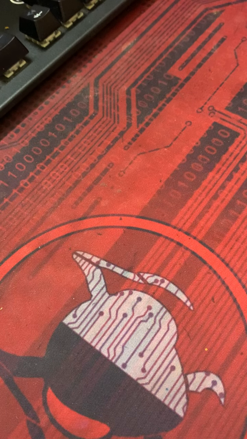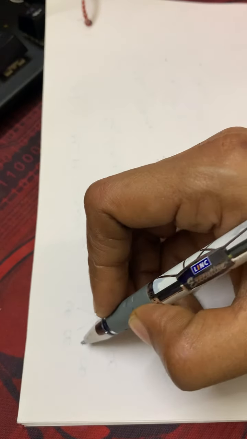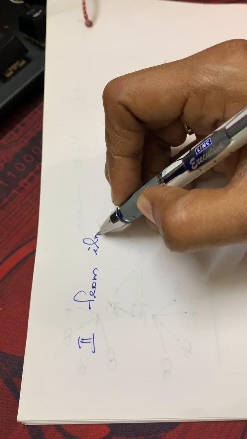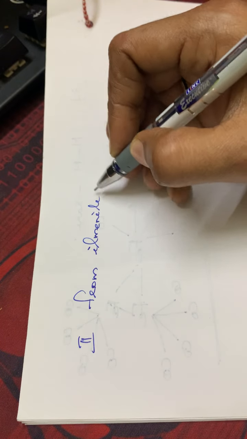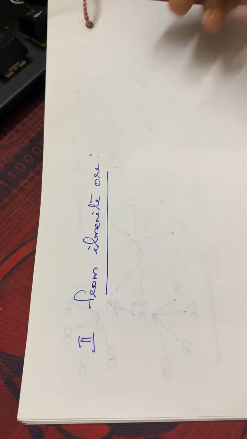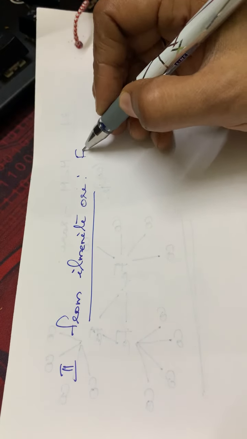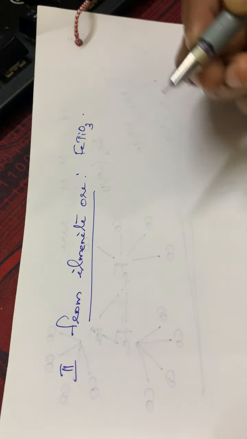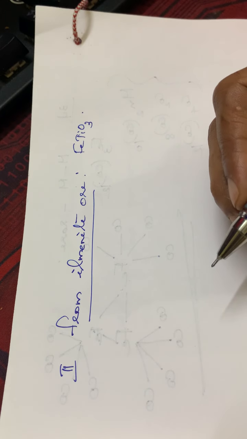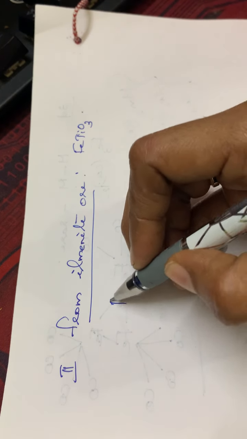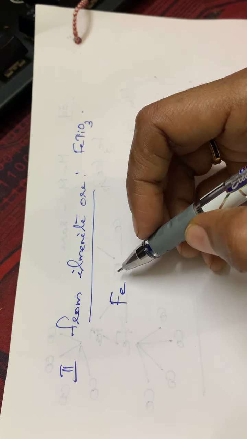Then the second method of preparation is from ilmenite ore. The formula of ilmenite ore is FeTiO3. This ilmenite ore is mixed with carbon and heated in a current of chlorine.